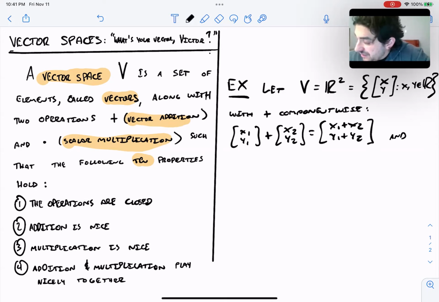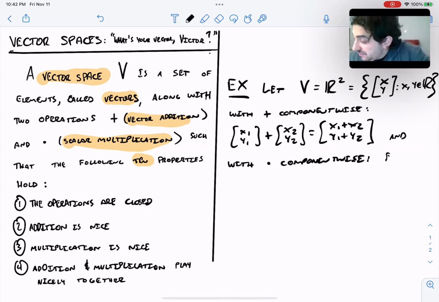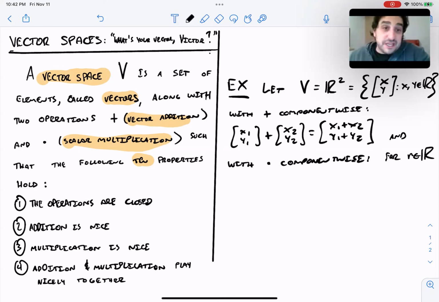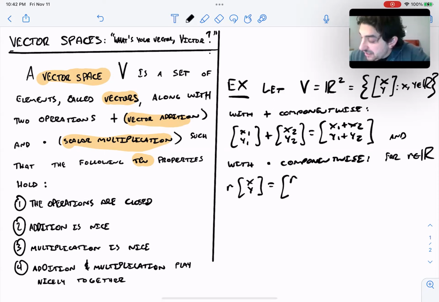And scalar multiplication is also done component-wise. What does that mean? This means that for any real scalar, you can take a real number times a vector by just multiplying each component by that real number.